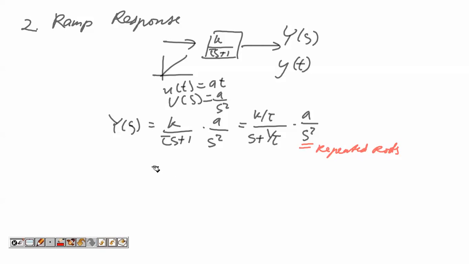So convert this form to alpha 1 over s plus alpha 2 over s squared plus alpha 3 over (s plus 1/tau).